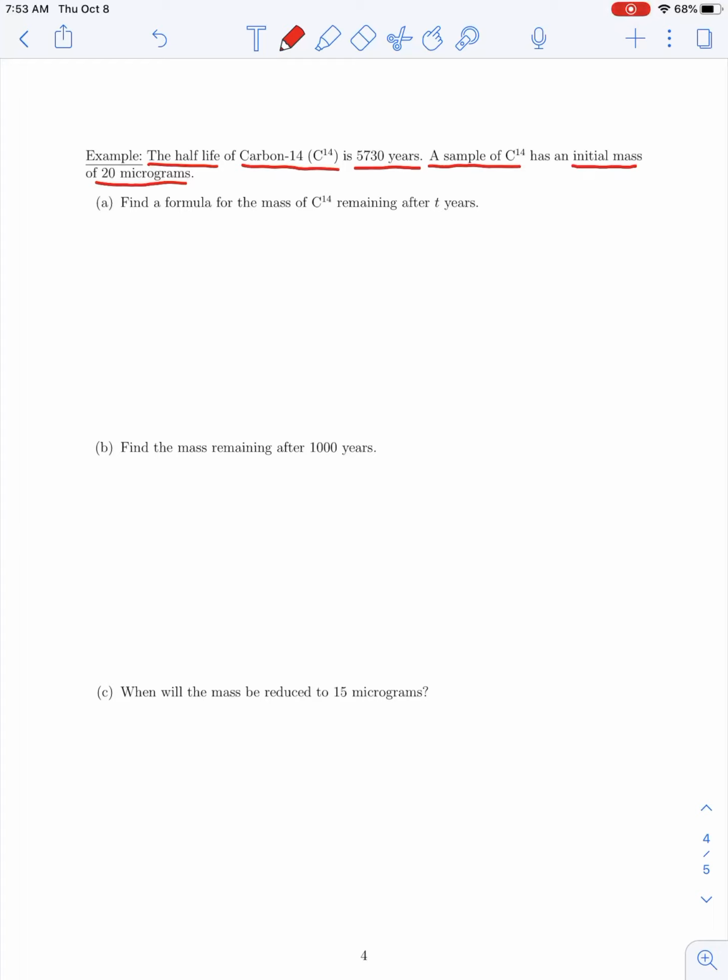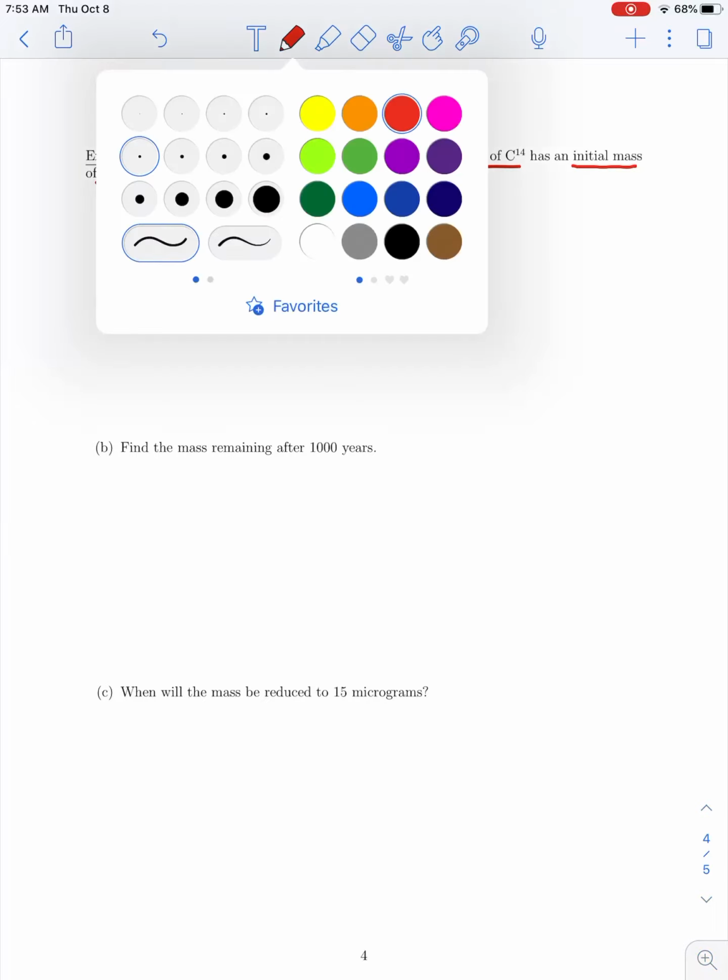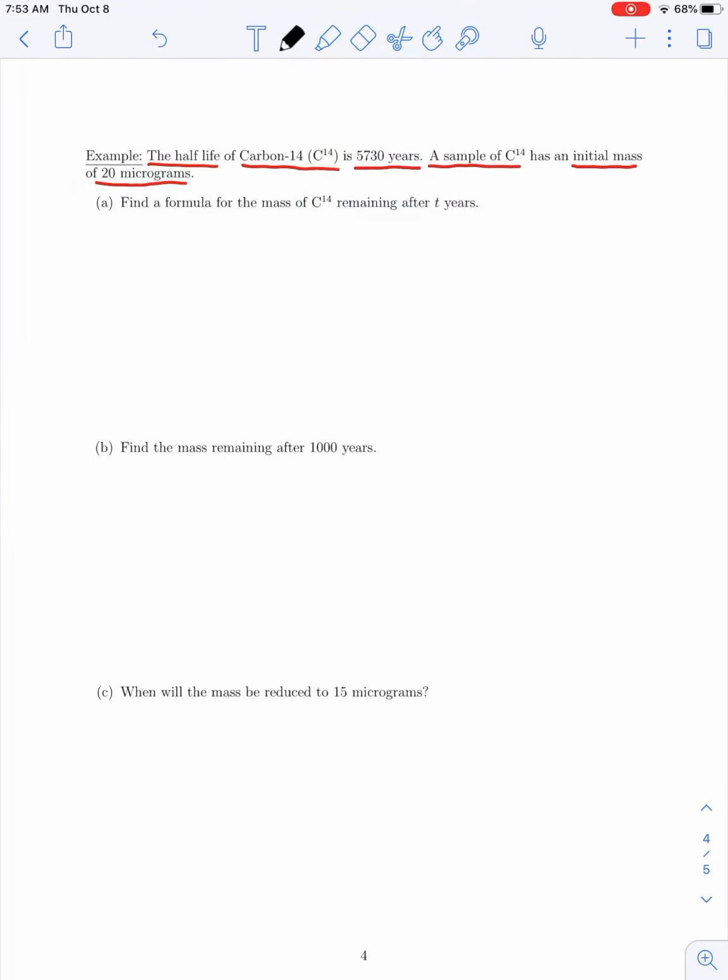So here we're looking at some radioactive substance, carbon-14, whose half-life is known. It's decaying over time. So we're looking at an exponential decay problem. Now, based off what we saw from the previous example, the solution of the exponential decay model is given by y of t equals y naught times e to the negative kt, where y naught was the initial mass of our material.